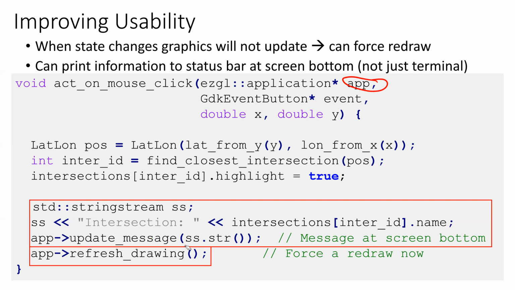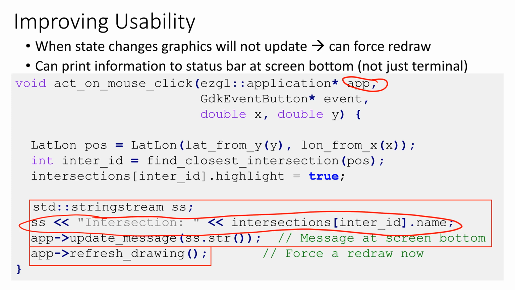Another thing I'm showing here is basically, this is just code to take the intersection name and put it in a string stream, okay? Which you may remember from 244. It's just basically a class that C++ has that allows you to kind of treat strings as streams. And I'm going to take that string stream.